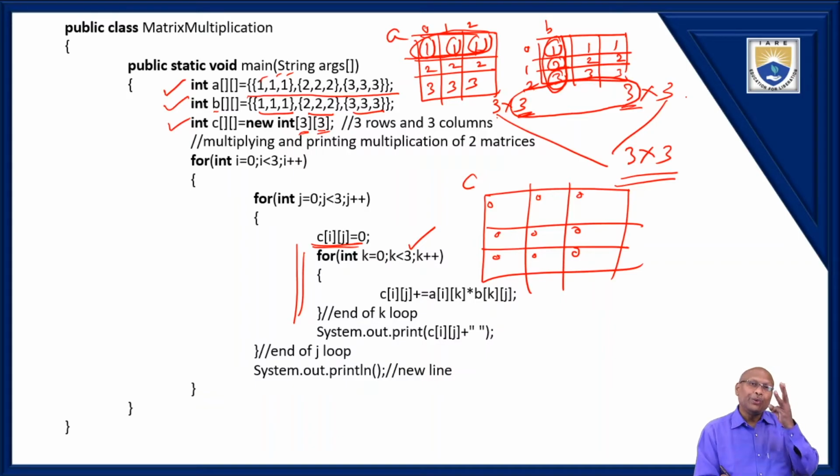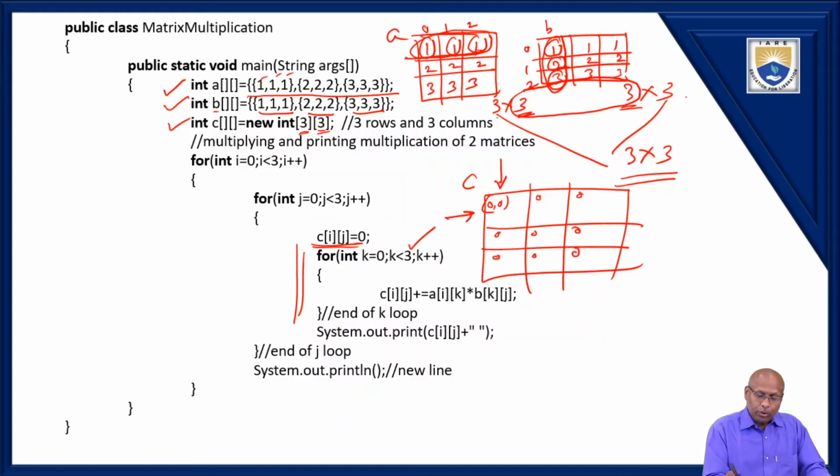So here you require 3 indices: i, j, k. This i stands for my row index and j stands for my column index. At the 0th row, 0th column, I have to store some value. Which value do I have to store?